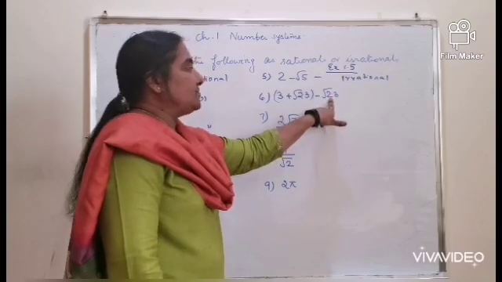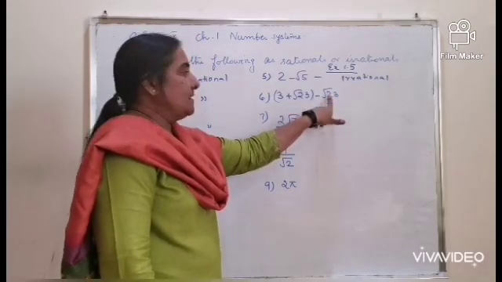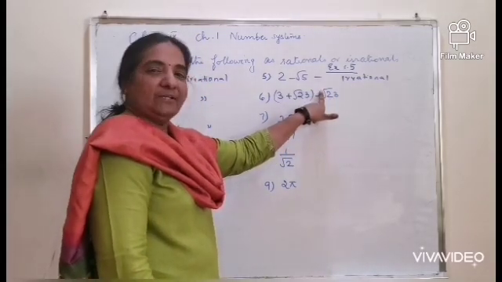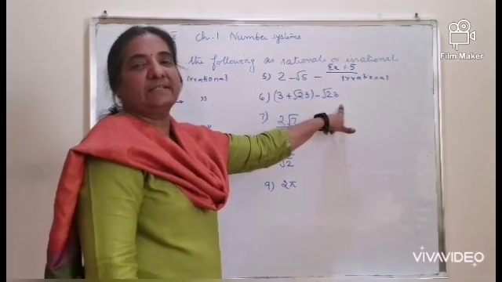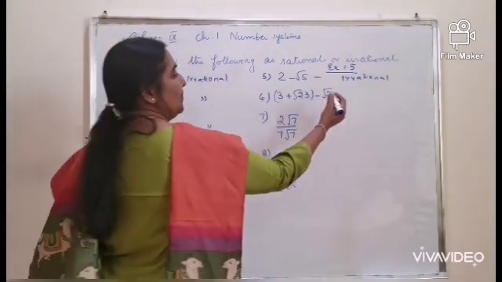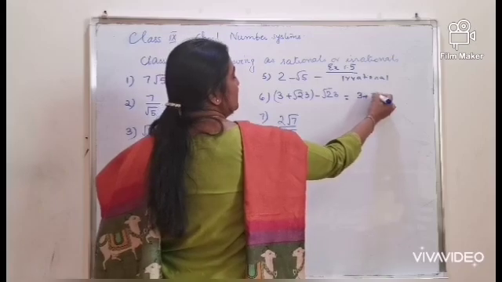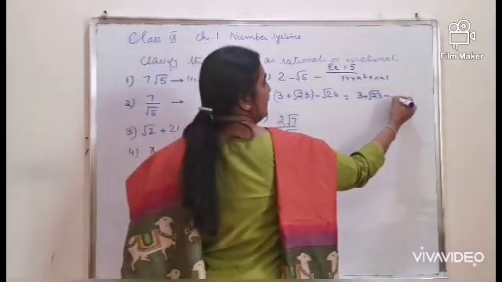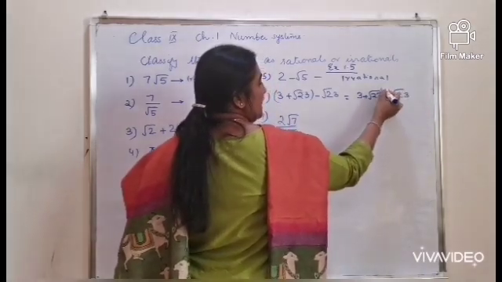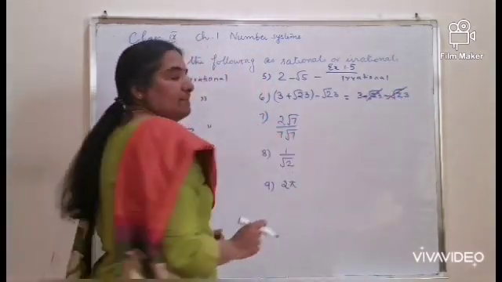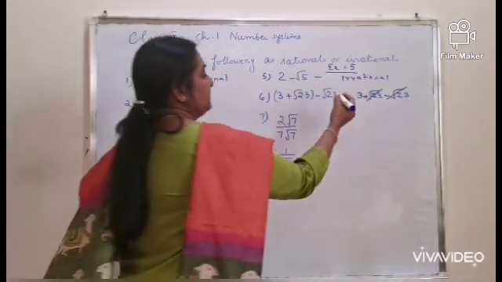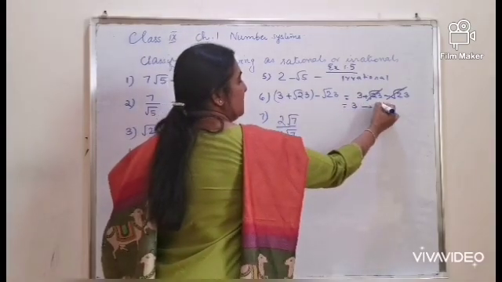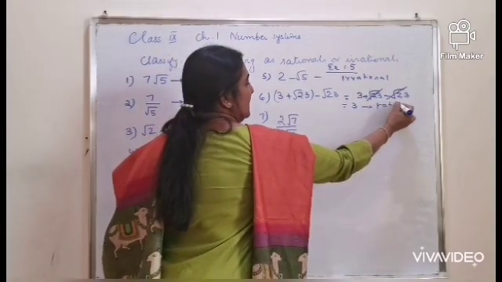Similarly, minus root 23 is again with rational factor 1 and irrational factor root 23. So, when you simplify 3 plus root 23 minus root 23, the answer is 3, which is a rational number.